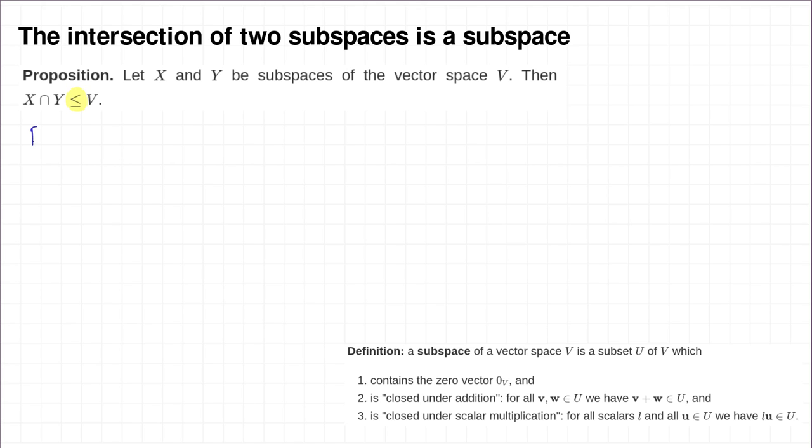So let's prove this. Now, a proof that something is a subspace is easy because all you have to do is check the three conditions of the definition of subspace. So we're simply going to do it for these two subspaces X and Y. So first of all, we have to check that X intersect Y contains the zero vector. So let's observe that the zero vector is an element of X, and the zero vector is an element of Y because those two things are both subspaces, so they must contain the zero vector.